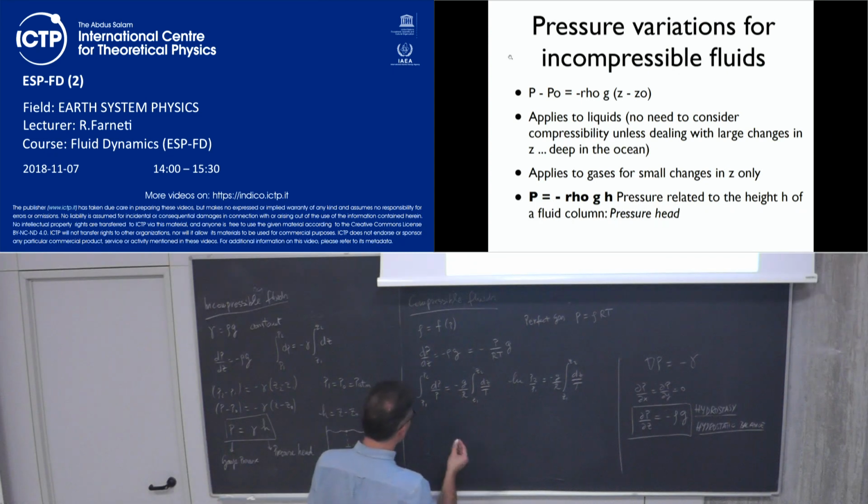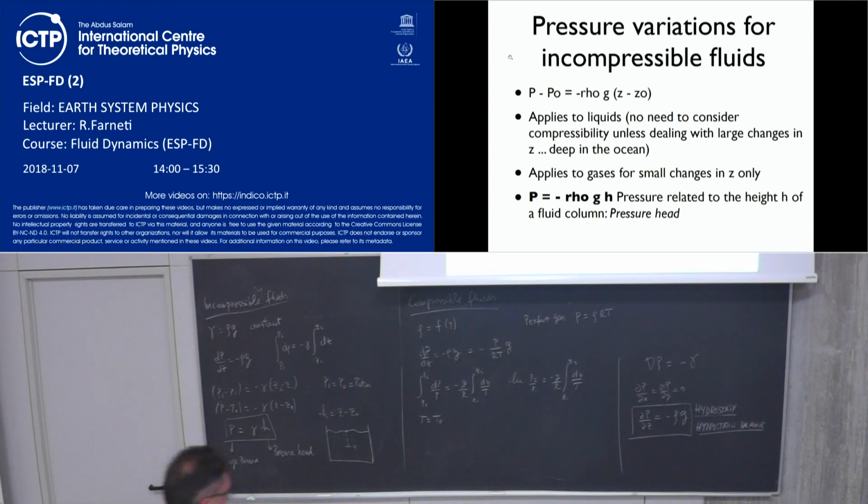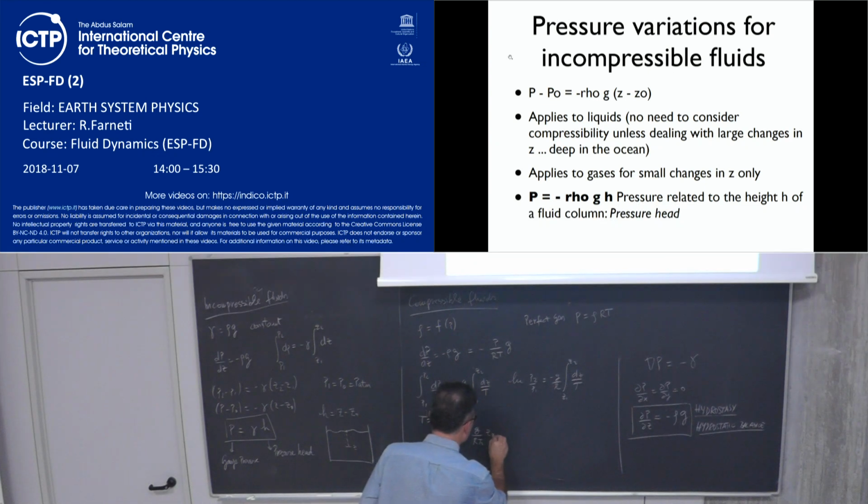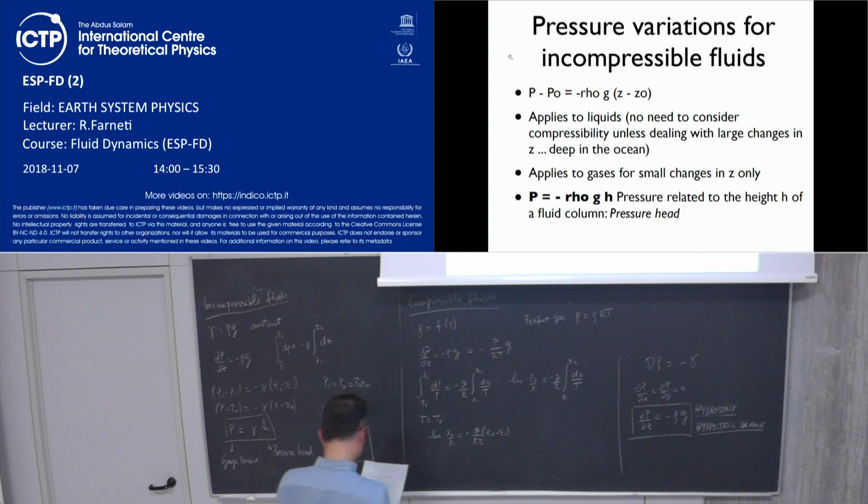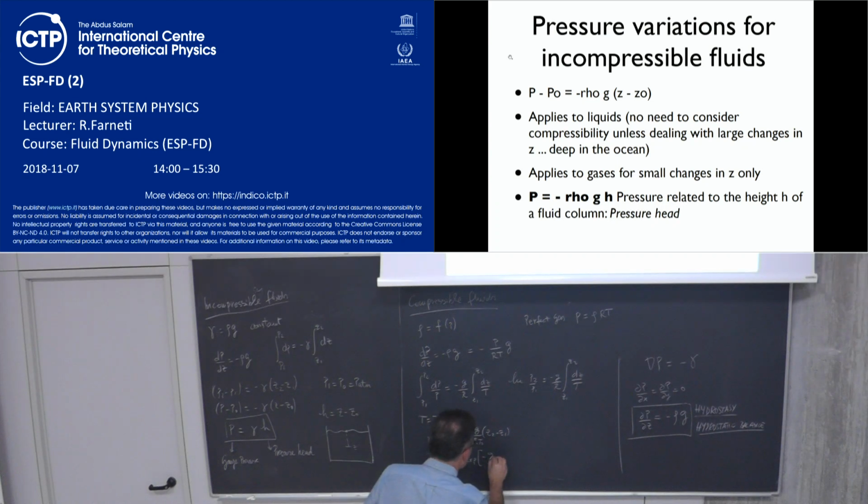So now you can go on from here, or you can make the assumption of constant temperature. So we assume temperature is constant, some T naught, and this is actually useful. And if that is the case, then you have minus g over R T naught times (Z2 minus Z1), which gives P2 equal P1 times the exponential of this.